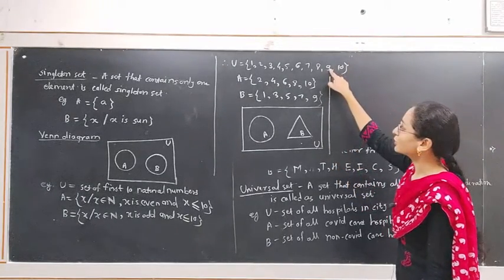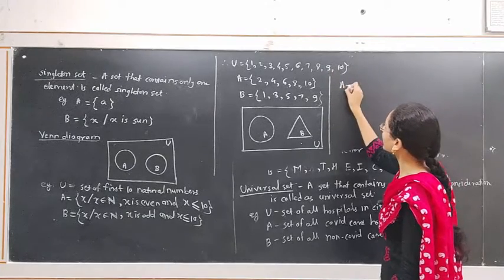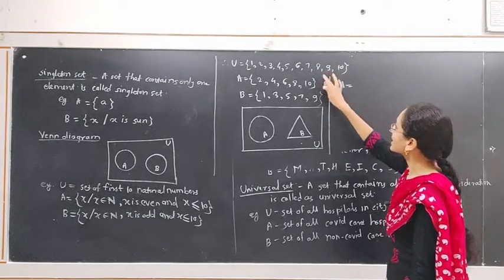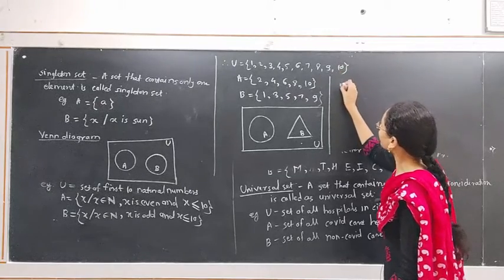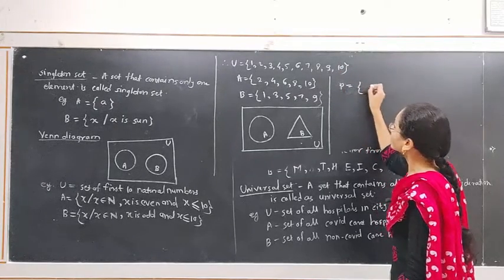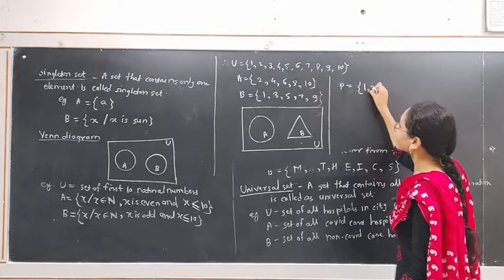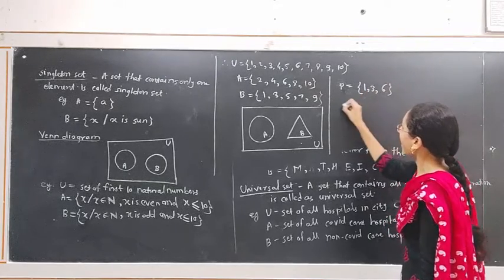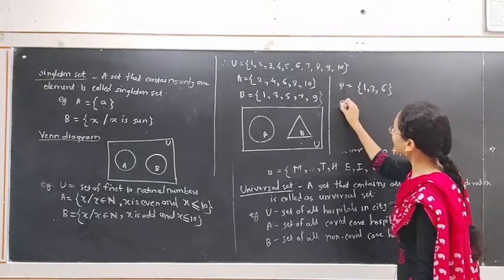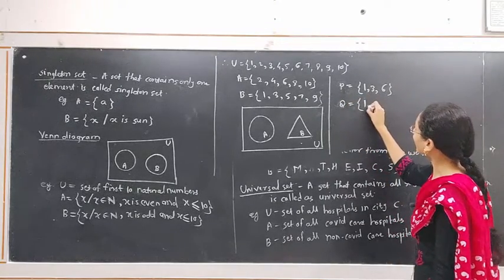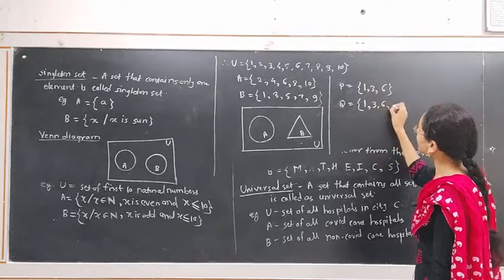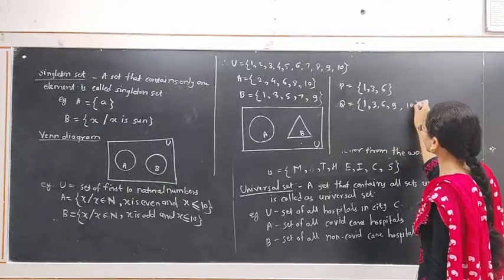In the same set U, we choose two sets. Now consider another set, suppose P is equal to the set of 3 elements 1, 3 and 6, and the set Q contains the elements 1, 3, 6, 9 and 10.